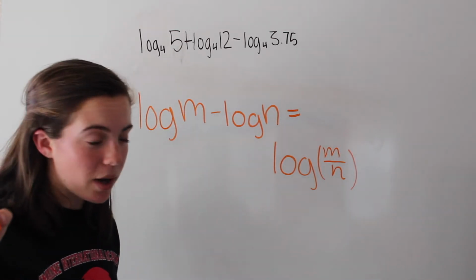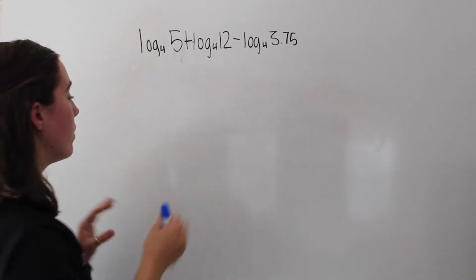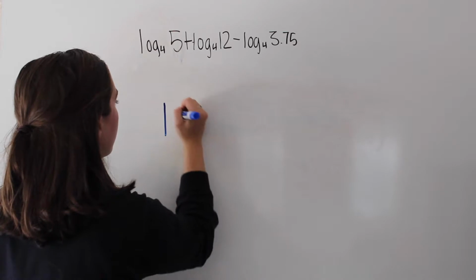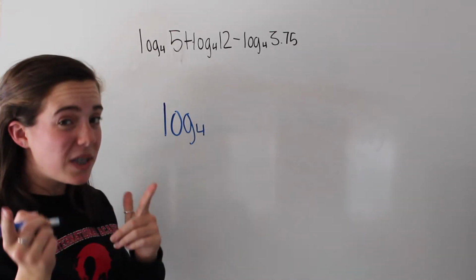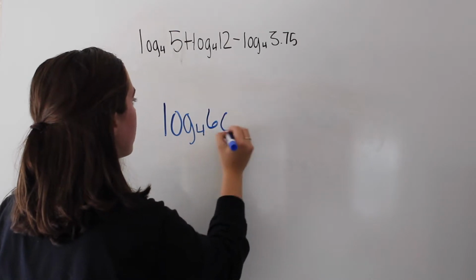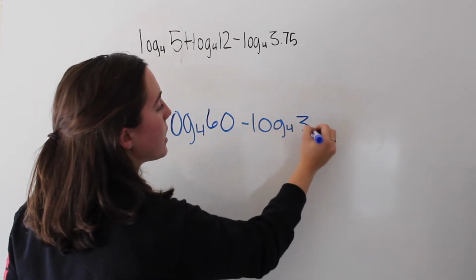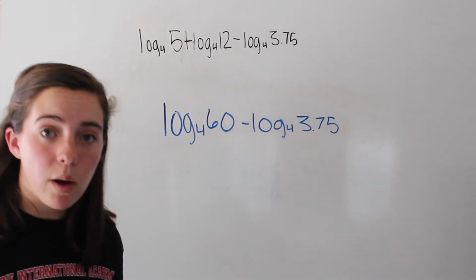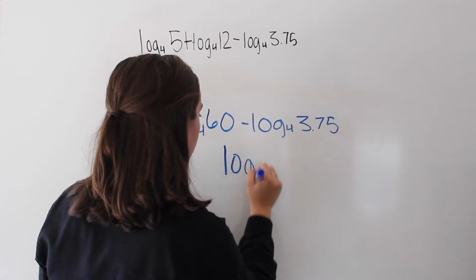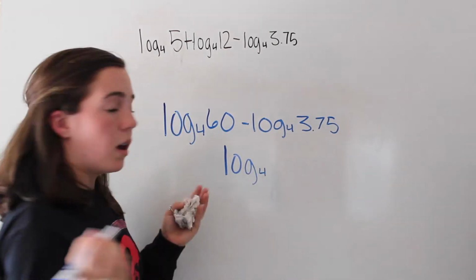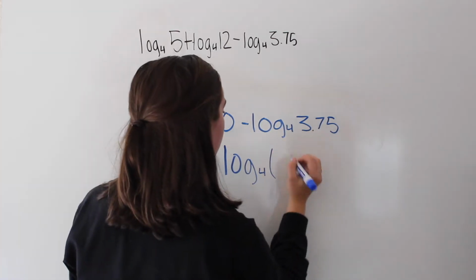Alright, now back to our problem. So we have log base 4 of 60 minus log base 4 of 3.75. So what we're going to do is log base 4 of 60 divided by 3.75.